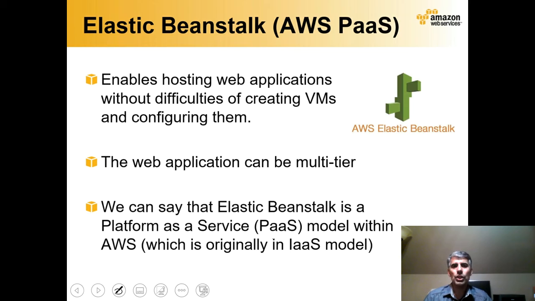Here, I'm going to introduce another service that provides us platform level service, and that's called Elastic Beanstalk. So Elastic Beanstalk provides us web application service. In other words, many users of Amazon require VMs and resources to host a website.